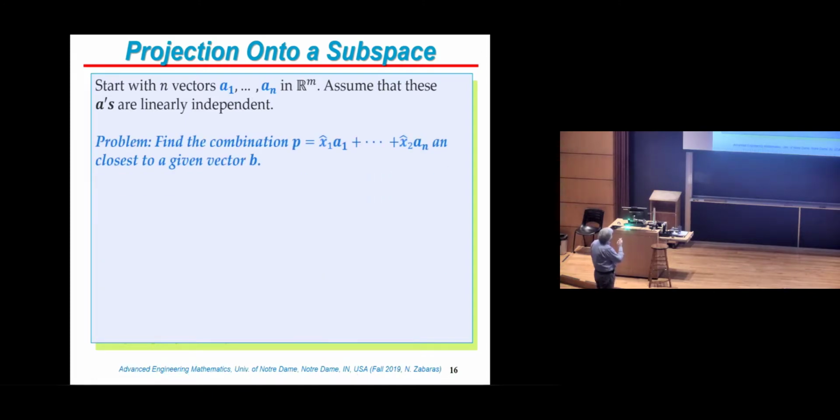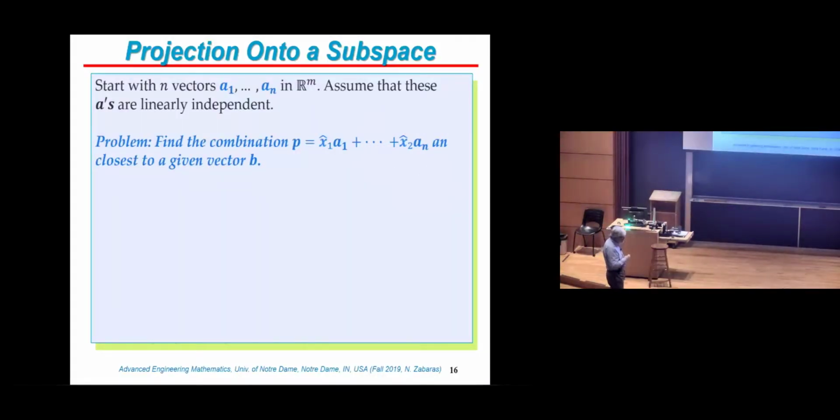All right. So what I want to do is find the closest point, and I indicate this point with these scalars, x hat 1, this should be an n there, I should correct it, x hat n.